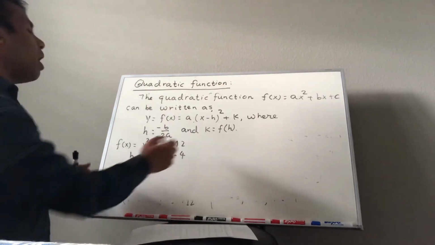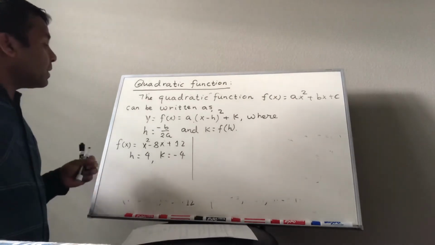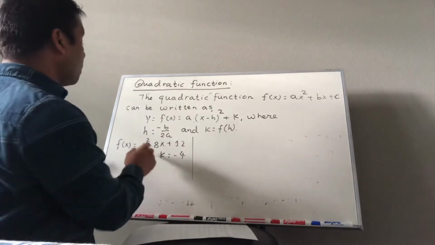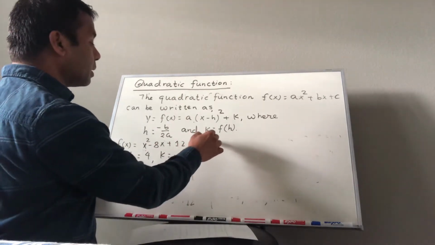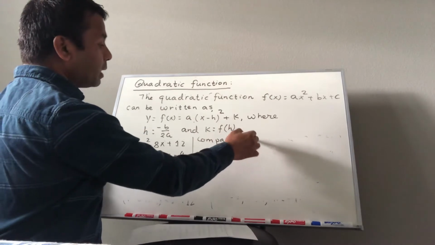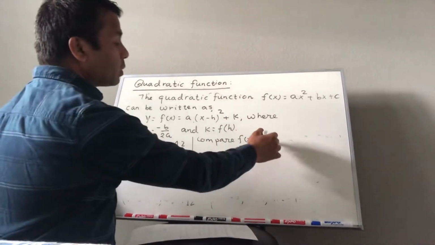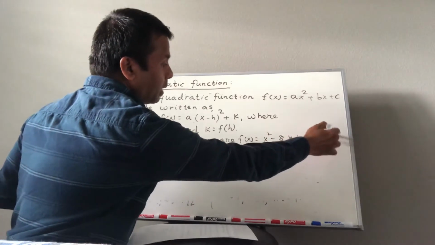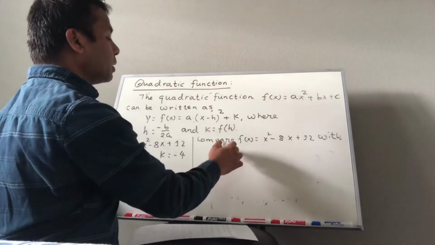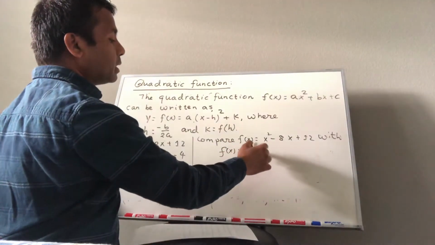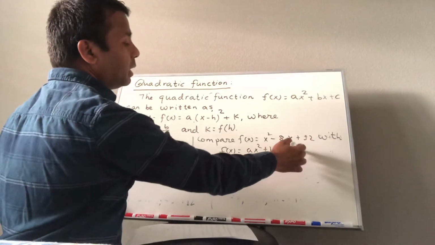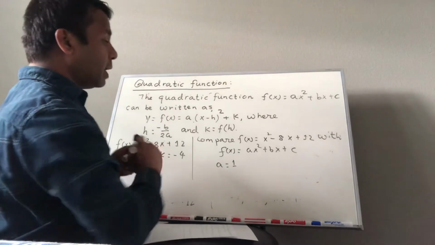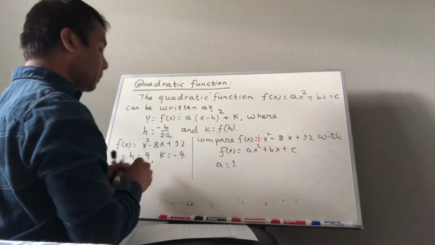Or if you want to find the values of h and k, you can directly use this formula. If you compare f(x) equals x squared minus 8x plus 12 with f(x) equals ax squared plus bx plus c, then you will get a equals 1, since the coefficient of x squared is 1, right?